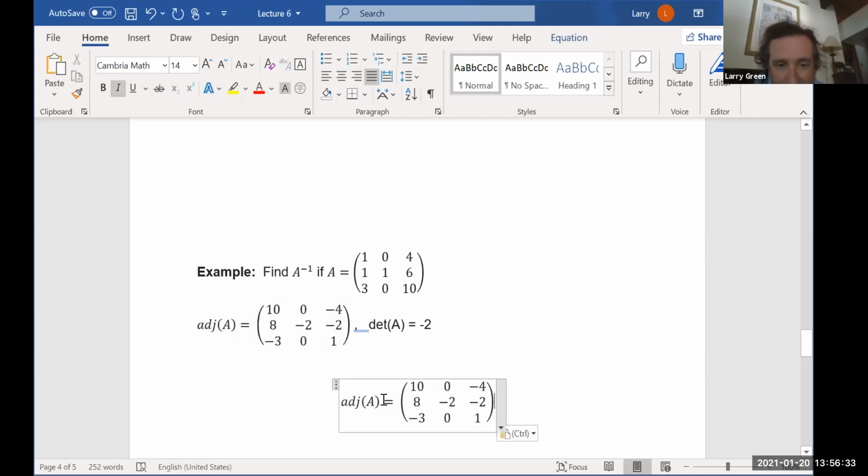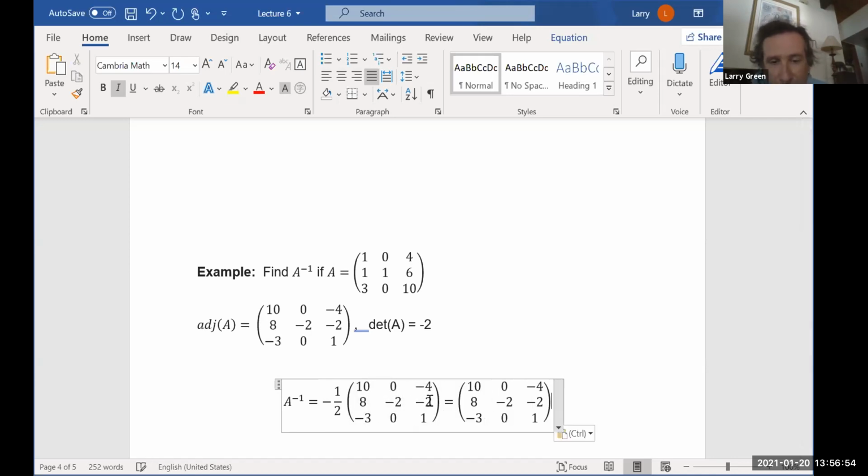Instead of adjoint of A, now we can say A inverse is equal to negative 1/2 times this matrix, which is equal to, and remember, multiplying a matrix by a constant multiplies all the entries by that constant.